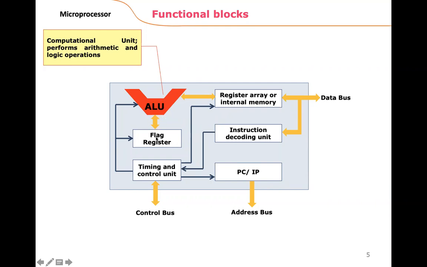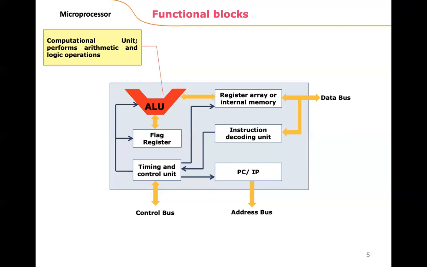This is the ALU. This is the flag register. Register means memory. Flag means indicate, like your Somalian flag or Bengali flag indicates the country. So the register flag indicates some work.